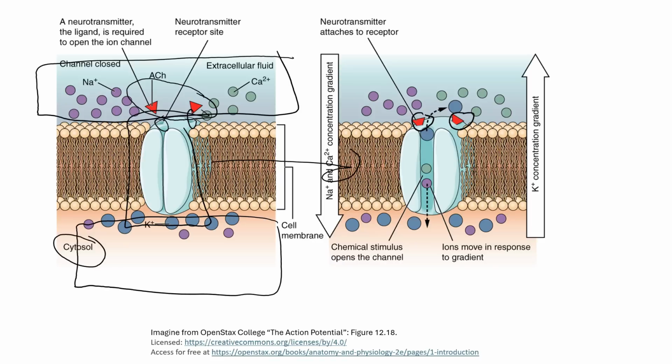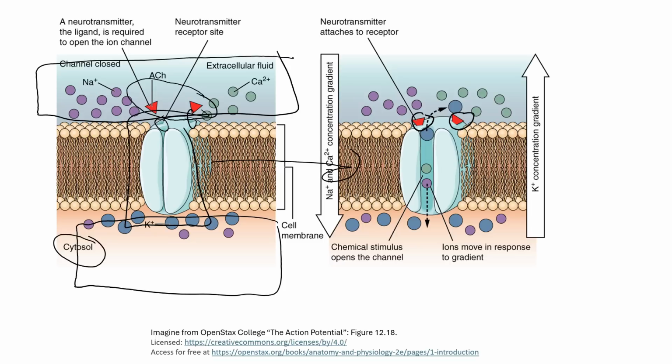Now, these receptors have a specific name. They're called ligand-gated channels. Where do they get that name from? They get the name from the fact that a ligand has to bind to them to remove the fact that they're gated, right? By gated, it means that they're closed. So these are ligand-gated channels. They're gated channels, meaning that they're closed.